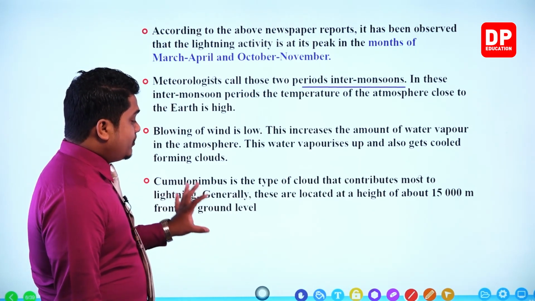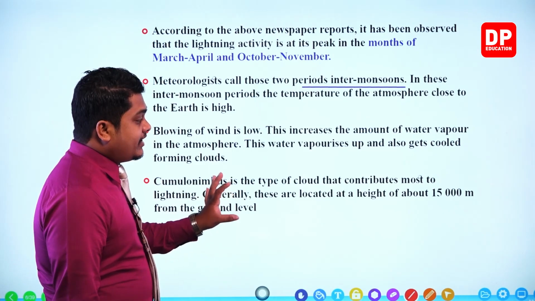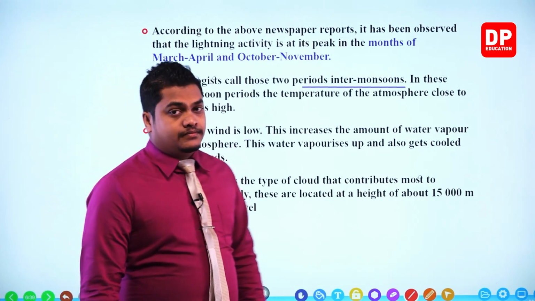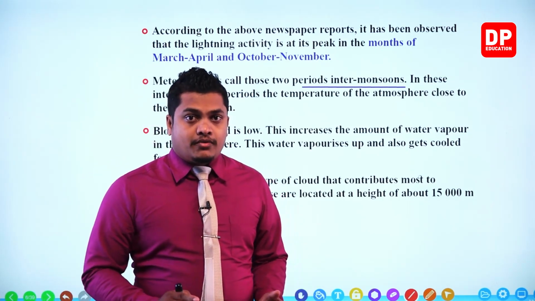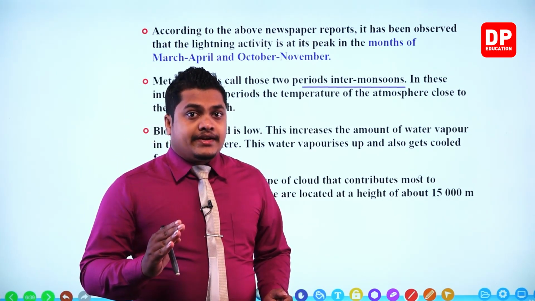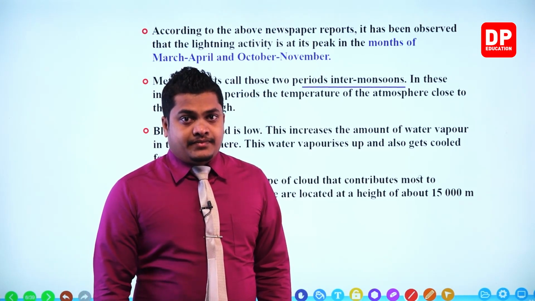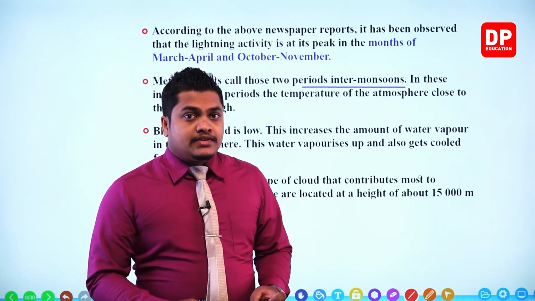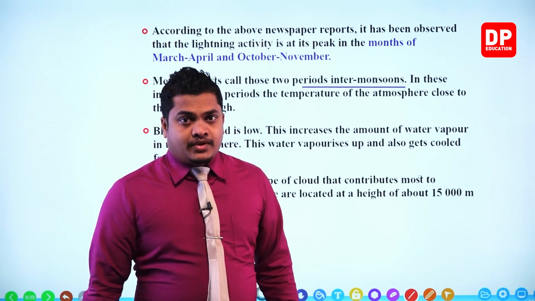These cumulonimbus clouds are generally located at an altitude of 15,000 meters from the ground level. They are the main reason for the occurrence of lightning.